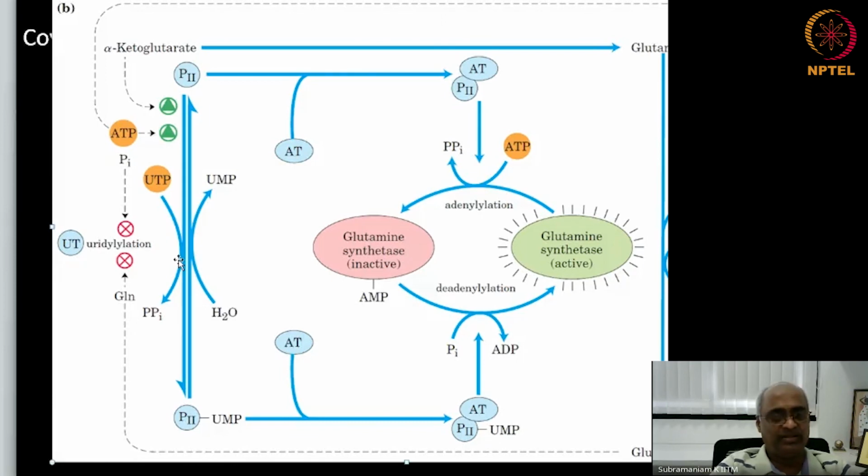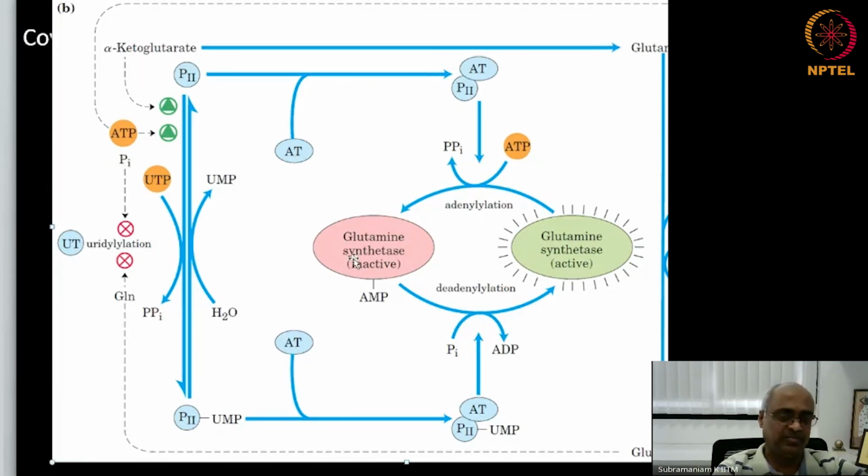If the product of the final reaction, glutamine for example, is there, it is going to inhibit this, and therefore you have free P2, and that is going to inactivate this enzyme.